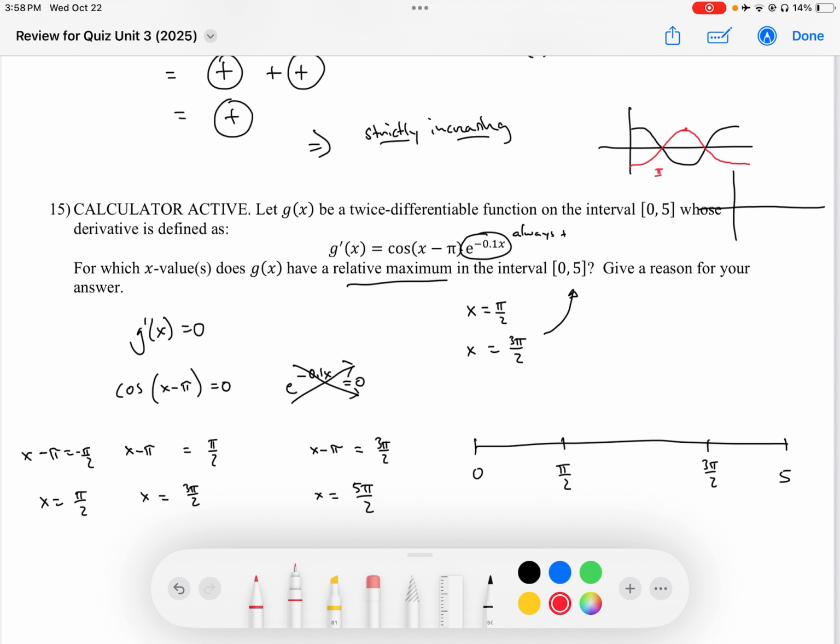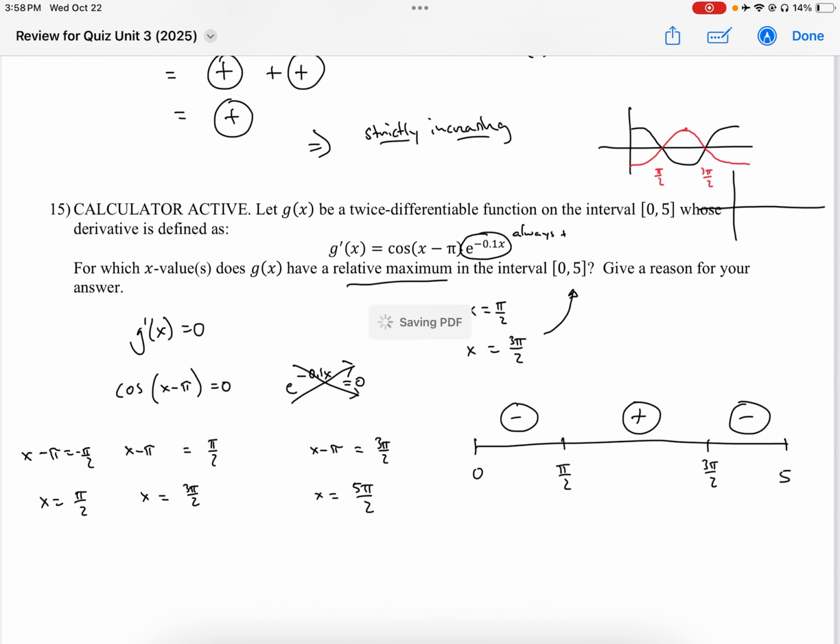So that's pi halves there, and this is 3 pi halves. So what that tells me is that cosine of x minus pi is negative here. Then it becomes positive between these two points, and then it becomes negative again. And since e to the negative 0.1x is always positive, it doesn't affect the sign. It affects the value, but it does not affect the sign.